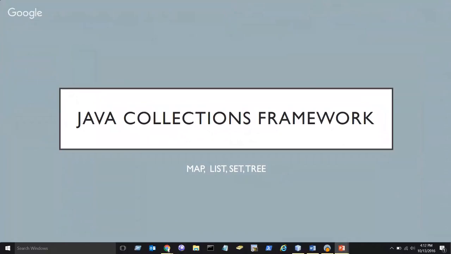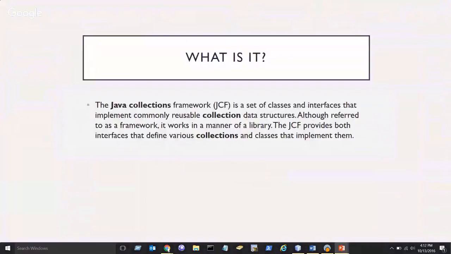There are several different iterations of each, so I'll just talk about a couple. Basically, the Java collection framework is a set of classes and interfaces built in to Java. They do not need to be declared or imported. You just type the word and it knows what you mean.